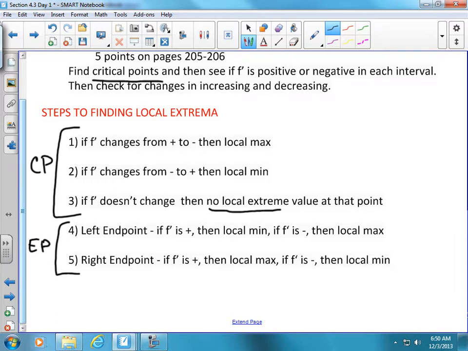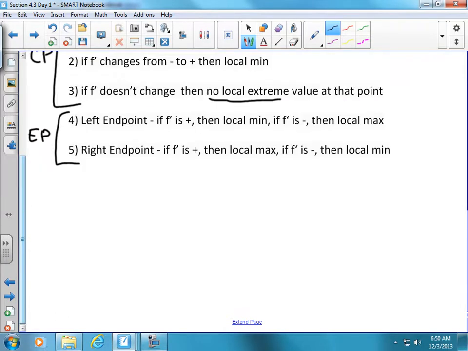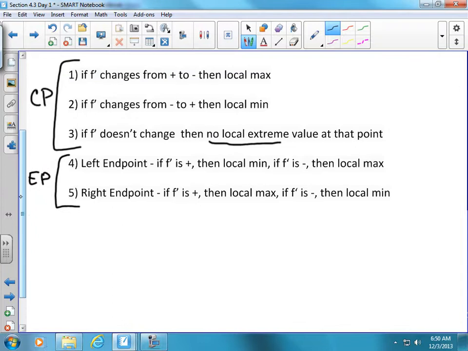And we talked about the left end point and the right end point, but there are some good pictures in your book. Please read these. I can't do justice to it right now quickly, so please look at page 205, 206. On the left, remember, if the derivative is positive, then this is a min.